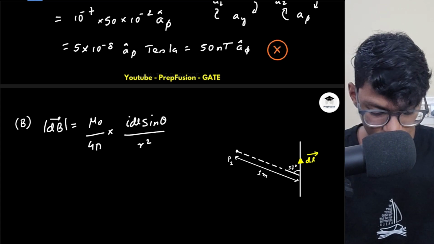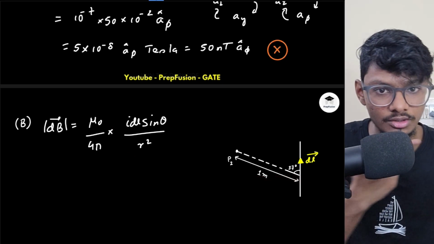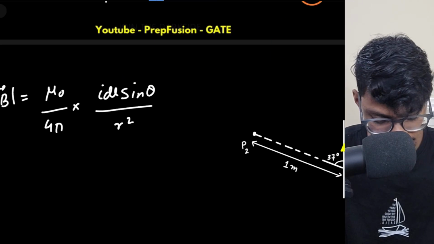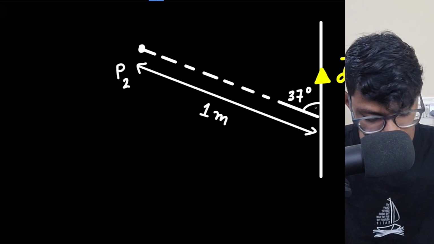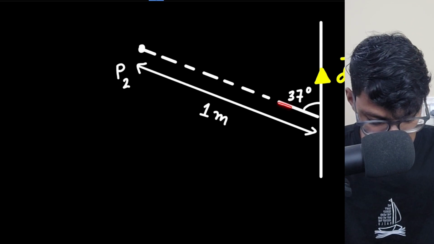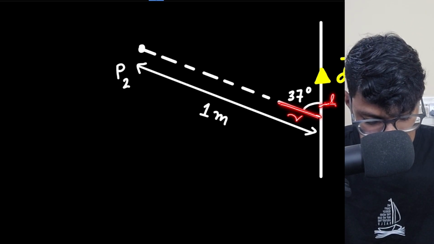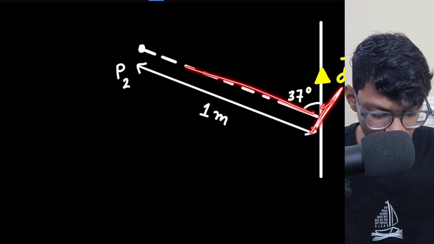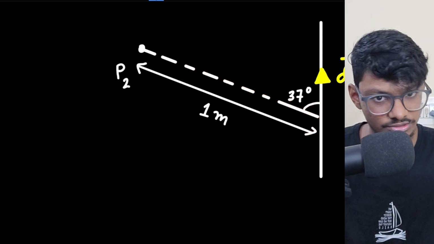I have already taken into account the sin theta, the perpendicular length, because this length has two components. This is r, and this is l. If I do l cos theta, it will be along this line, and if I do l sin theta, it will be along this line.